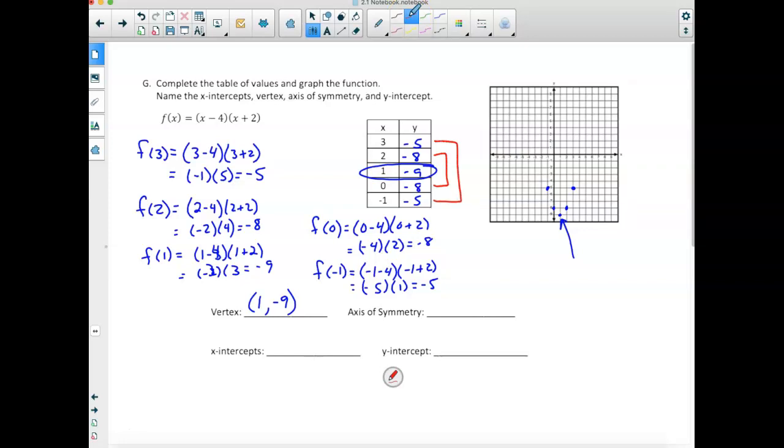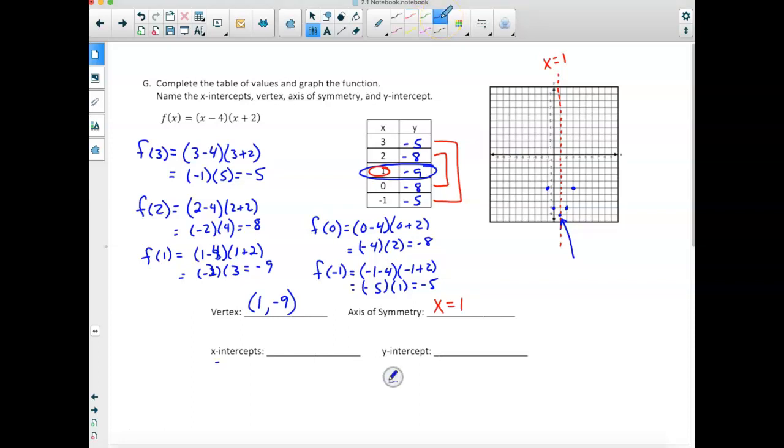Okay, so that means this value right here, the axis of symmetry, is the imaginary vertical line that you're going to be able to slice this with. See how each dot is equidistant on both sides? And that's a vertical line, so it's x equals, and it would hit the x-axis at 1. So my axis of symmetry would be x equals 1 off of that graph.